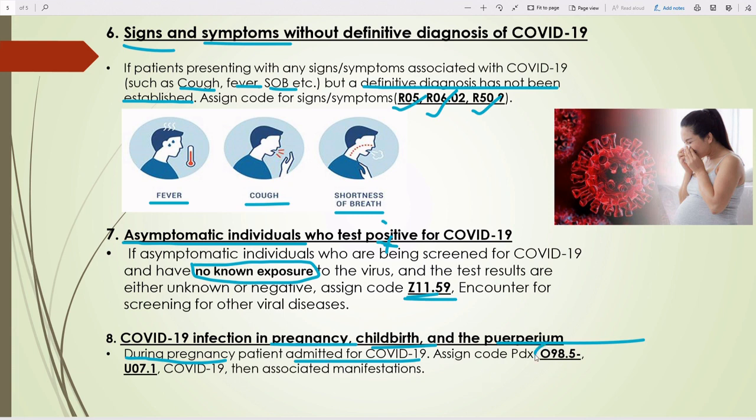So at that time assign O98.5 and then assign the confirmed COVID-19 code, U07.1. And after that, if any associated manifestation is there, we also have to assign that code as a secondary code, and as usual we have to add the weeks of gestation code also.